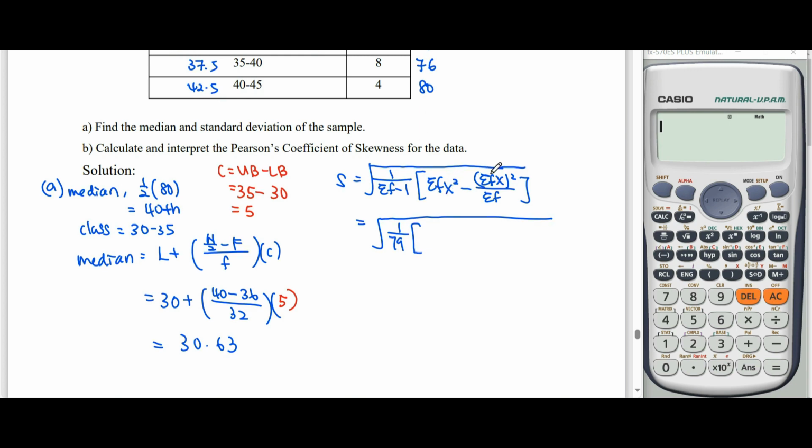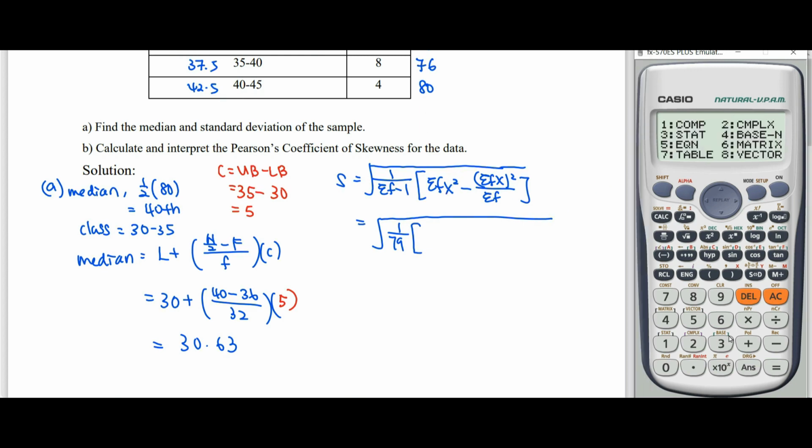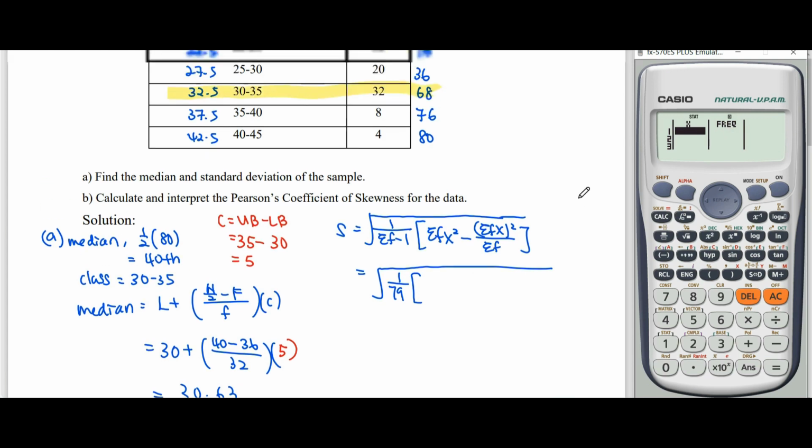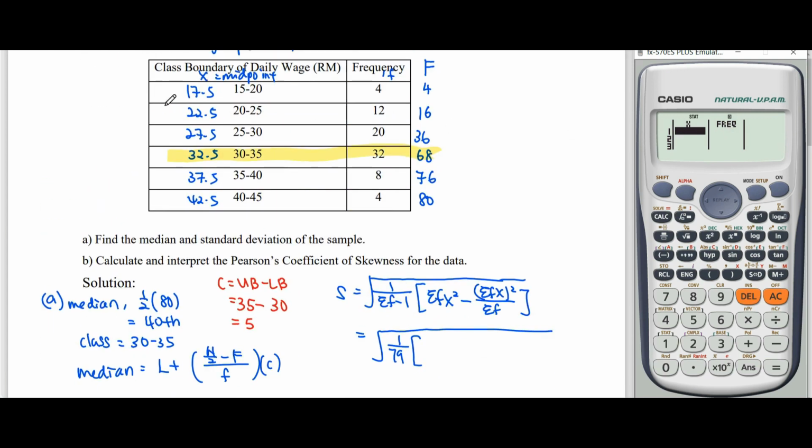So for the sum of fx squared and sum of fx, we need our calculator. So we pick statistics, one variable. So shift mode to open up the frequency column. Then we plug in our x as the midpoint of the class. So we're having 6 classes here. Then we move on to the frequency column to plug in our frequency values.